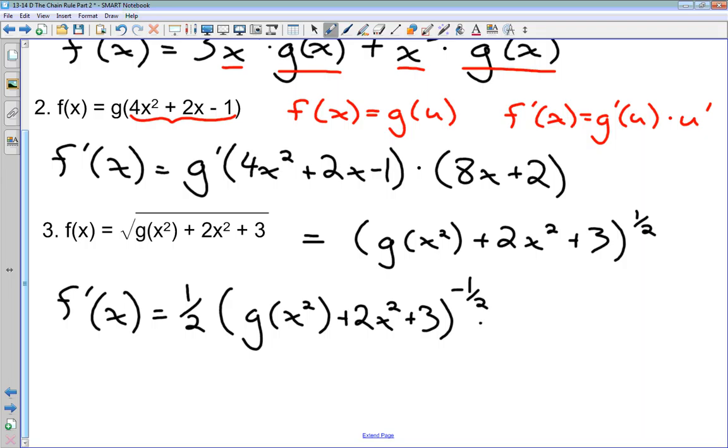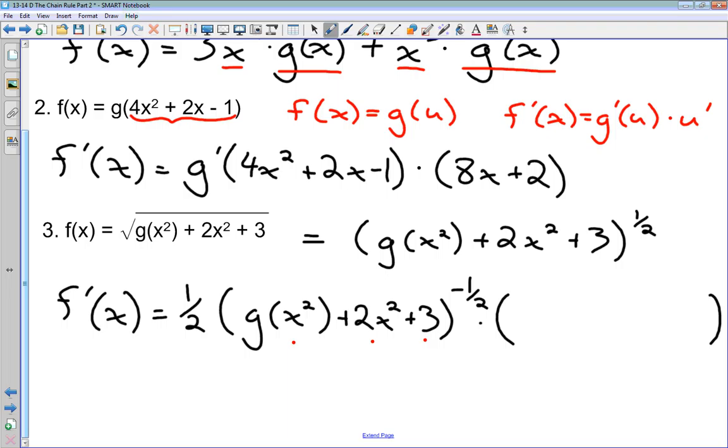Chain rule says that all of that gets multiplied by the derivative of what's inside. So what is inside? We've got g of x squared plus 2x squared plus 3. We can just do this derivative term by term: the derivative of the first term plus the derivative of the second term plus the derivative of the third term. So what is the derivative of that first term? That first term is itself a composite function.